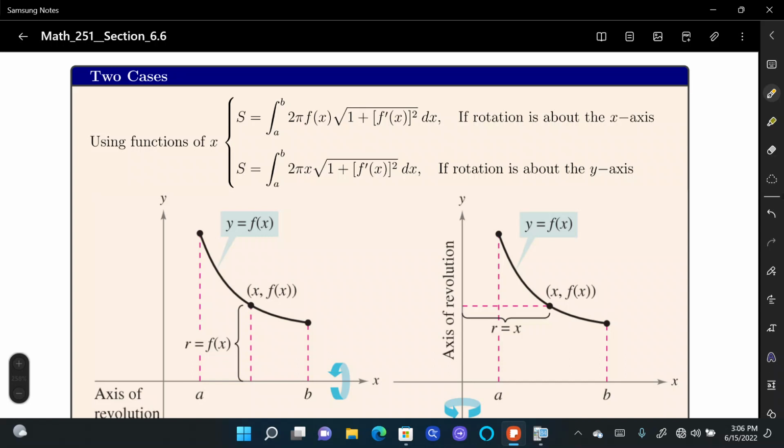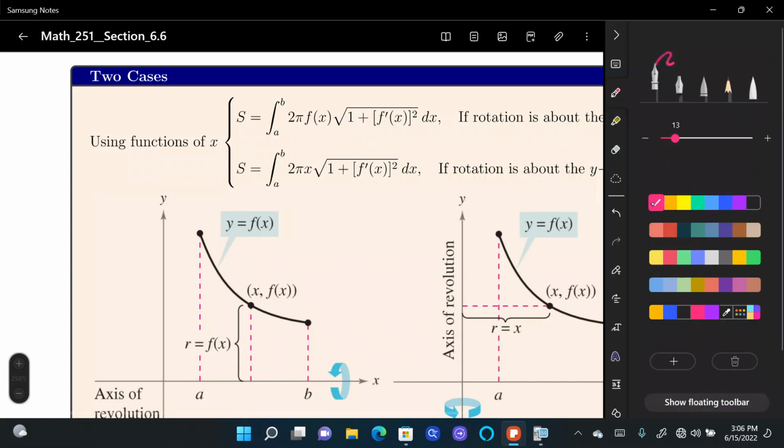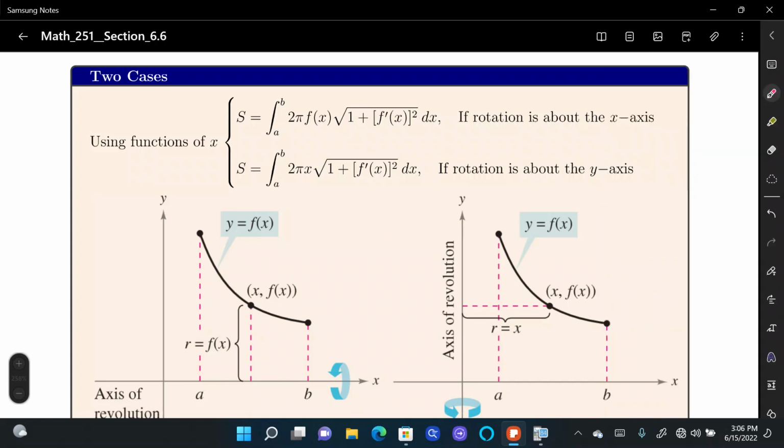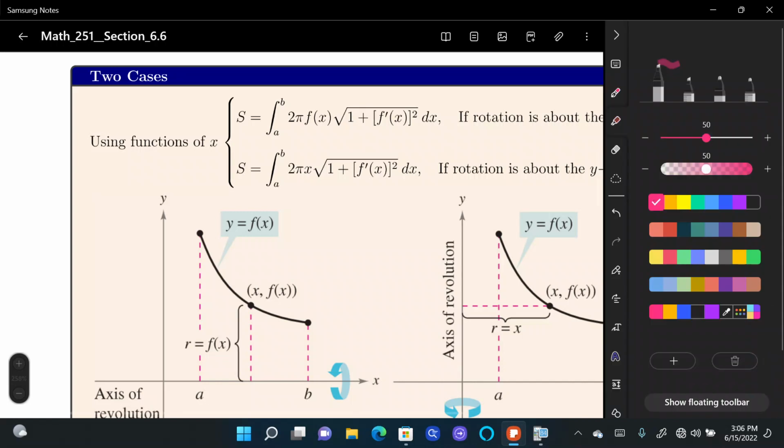So the first case is when we are using functions of x. When we use functions of x, we can rotate that function of x either about the x-axis or about the y-axis.